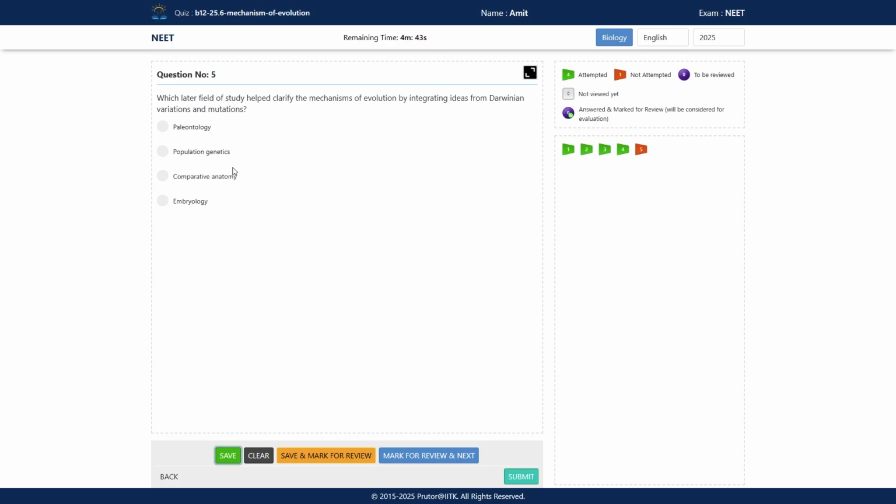Next one, which later field of study helped clarify the mechanism of evolution by integrating ideas from Darwinian variations and mutations? The options are paleontology, population genetics, comparative anatomy, and embryology. What is the correct answer?